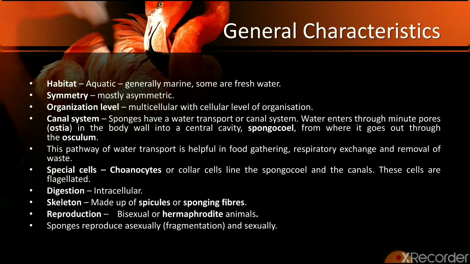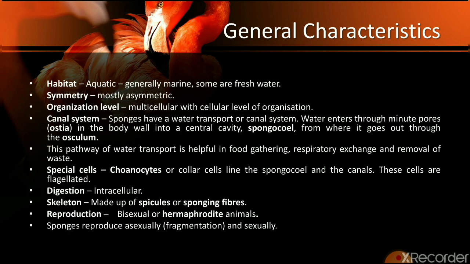In the members of phylum Porifera, intracellular digestion takes place. Their skeleton is usually made up of spicules, which are further made up of either calcium carbonate, silica, or spongin fibers.